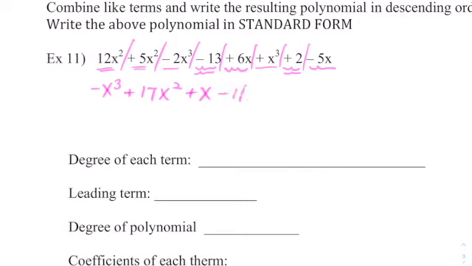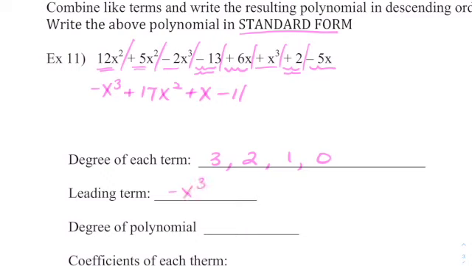And that is all I have to do, putting it in standard form. Standard form means from the highest exponent to the lowest exponent. And so in this case, we are going to take a look. Degree of each term: the first term is 3, the second term is 2, the next one is 1, and the last one is 0. The leading term is going to be -x to the third power.